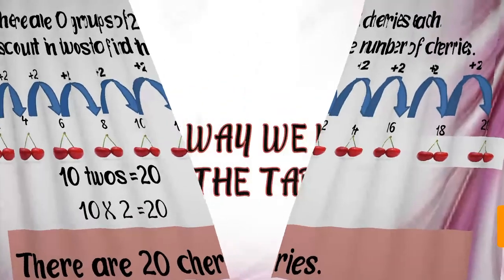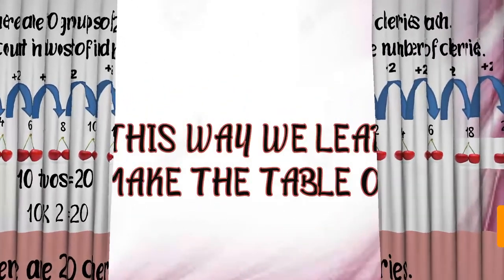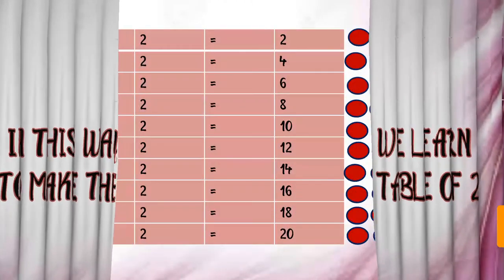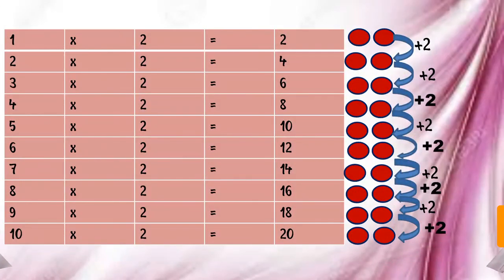So in this way we learn to make the table of 2. You all have learned. Now let's see how we can make the table of 2. 1 2's equals to 2.